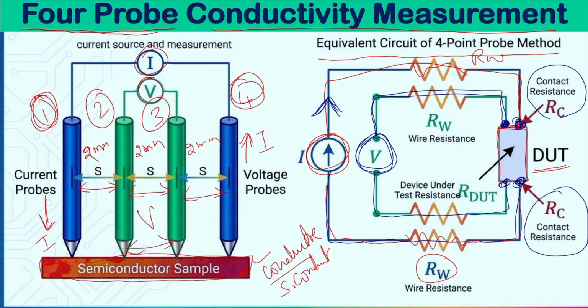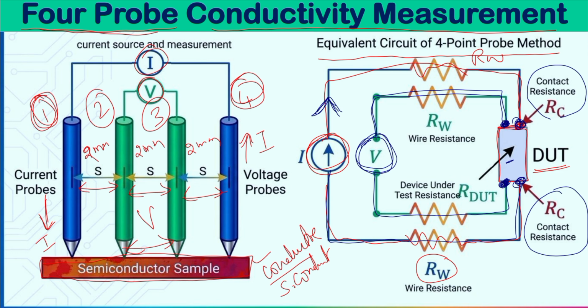Here again you have the contact of the voltmeter, the other end of the voltmeter is connected here, so that connection will also give you some contact resistance. This is again your device resistance, that is again your device. So this is the basic setup that we have.